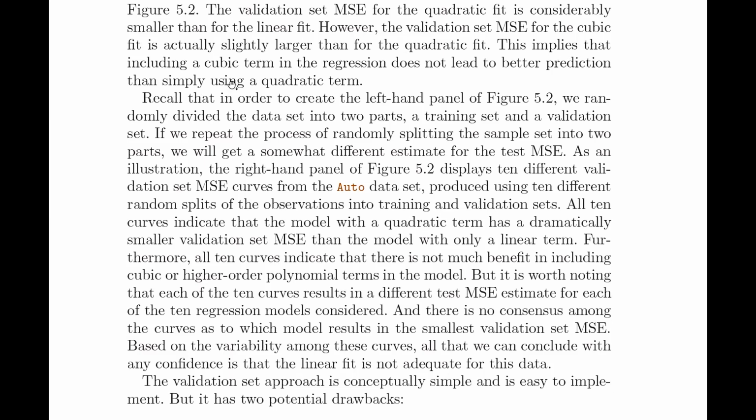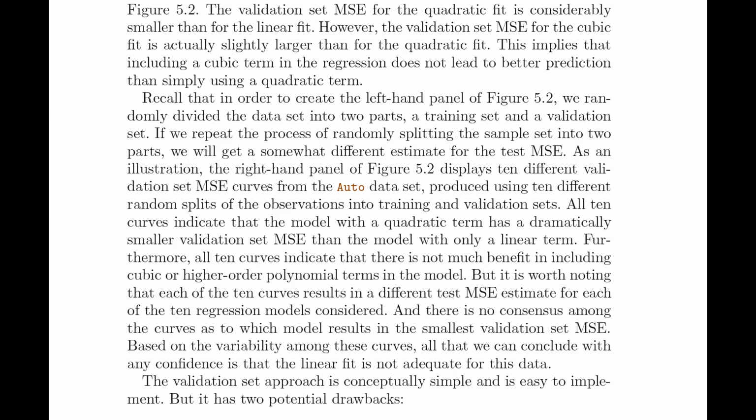This implies that including a cubic term in the regression does not lead to better prediction than simply using a quadratic term. Recall that in order to create the left-hand panel of figure 5.2, we randomly divided the data set into two parts, a training set and a validation set.